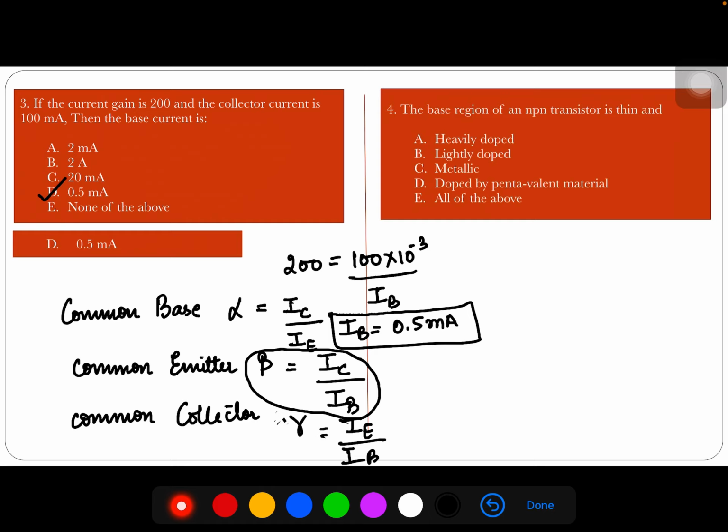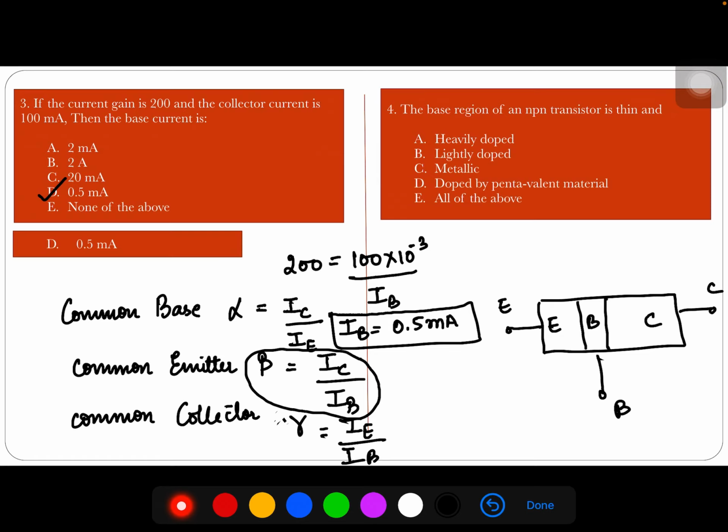Next question. The base region of an NPN transistor is thin and the type of doping has been asked according to the given options. You must recall that when we discussed the construction, emitter, base, collector, the emitter could be N, the base could be P, and the collector could be N, an NPN transistor.